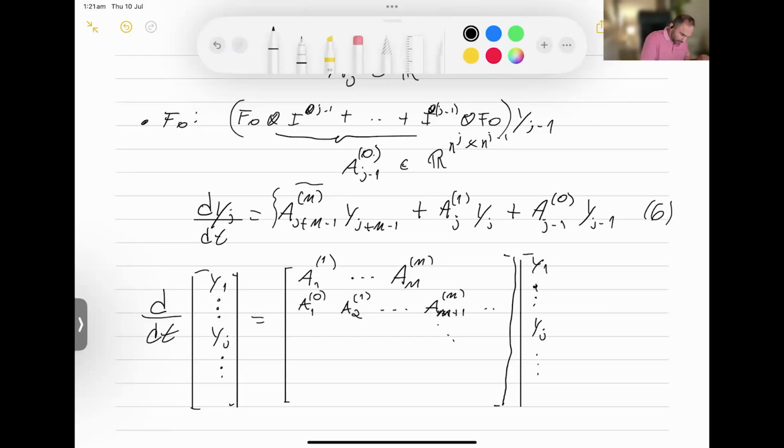This would not be correct because I just had A. I should actually be adding here, to be more consistent, Y2 here, Y2 here.